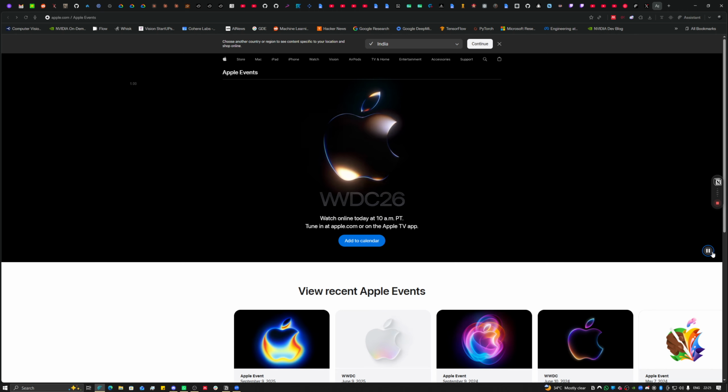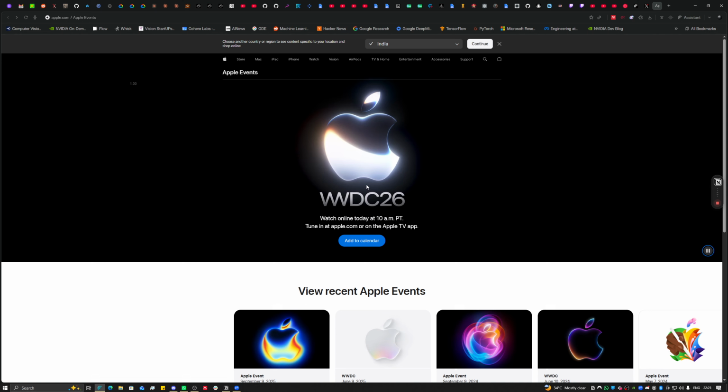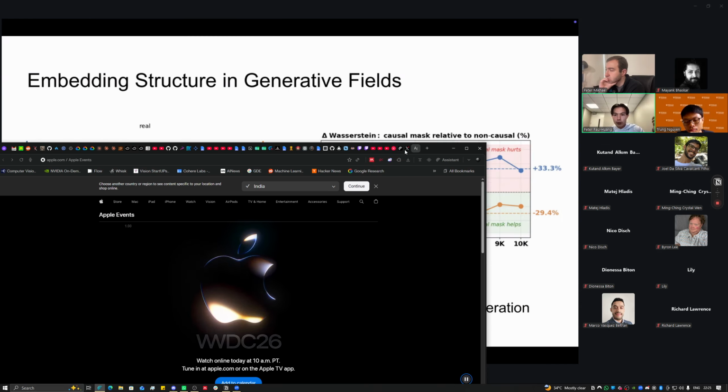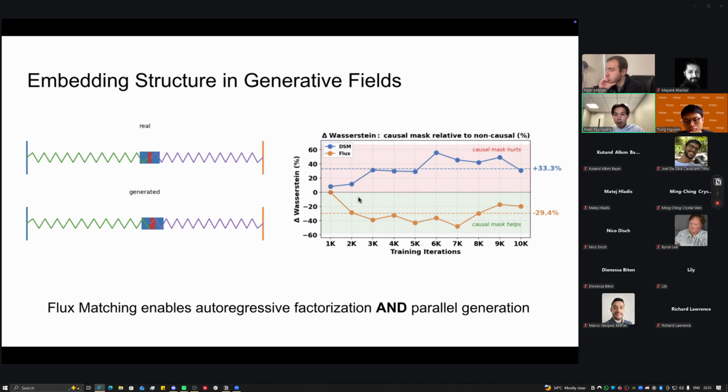these score matching models. But then, because flux matching has no such condition, we can actually enforce this causal mask on the model, and it helps performance because we're including this inductive bias, this autoregressive causality in time.